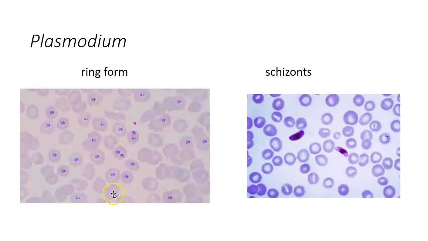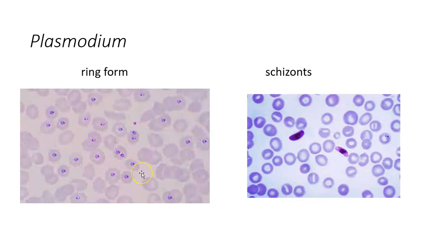So this is Plasmodium, and I mentioned in the lecture that it starts in the cell in the ring form. So this is lots of ring forms, and you can see how many red blood cells are actually infected. If we were to do a count, we would start counting 1, 2, 3, 4, 5, 6, and count 100 red blood cells.